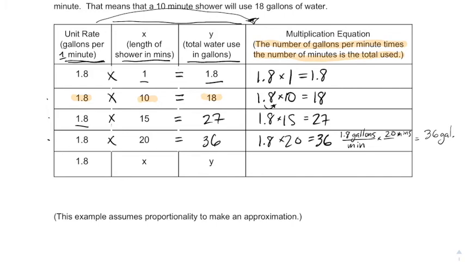When you get into chemistry and physics classes in high school and in college, this will help you understand your problems and answers if you carry through the units. And it will also help you after you complete a problem to understand whether you have an answer that makes sense. Because if we got an answer that said minutes, that wouldn't make sense for the total water use.